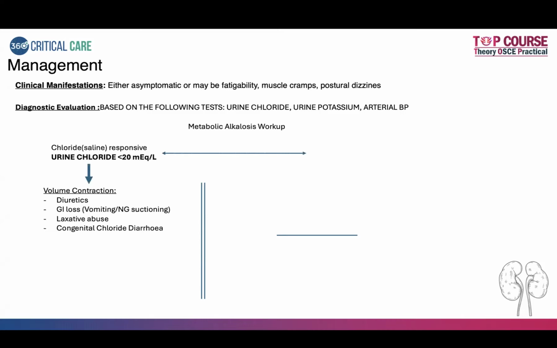So if the urine chloride is less than 20, it means that they are chloride or saline responsive. So that is usually associated with volume contraction states like diuretics, GI loss like vomiting or NG suctioning, laxative abuse, or congenital chloride diarrhea. Whereas if the urine chloride is more than 20, then they are going to be chloride unresponsive.